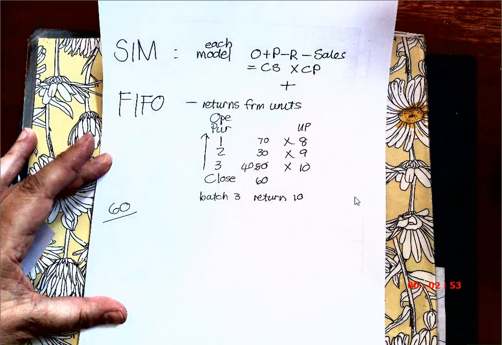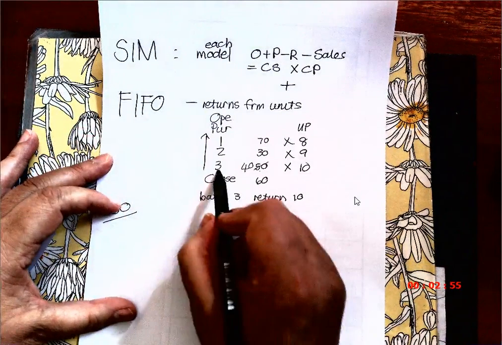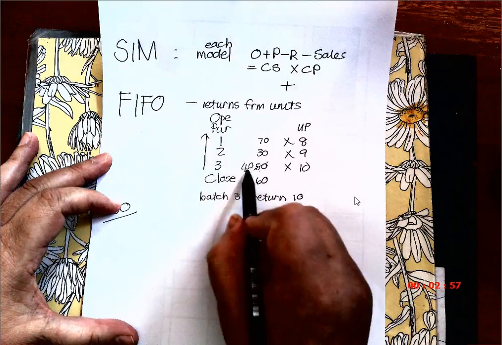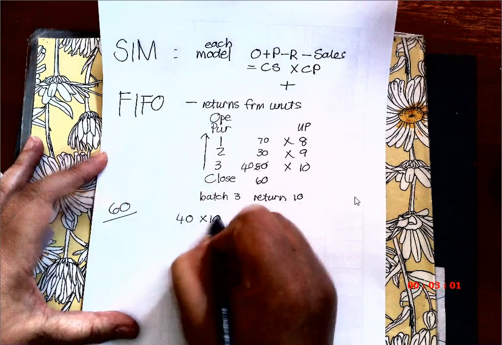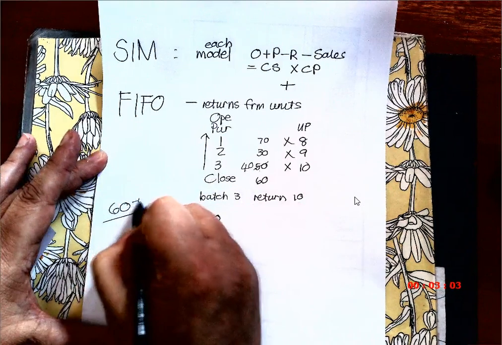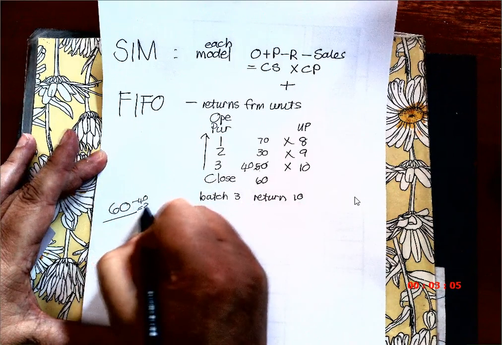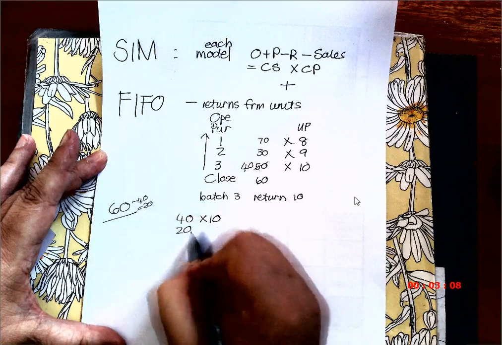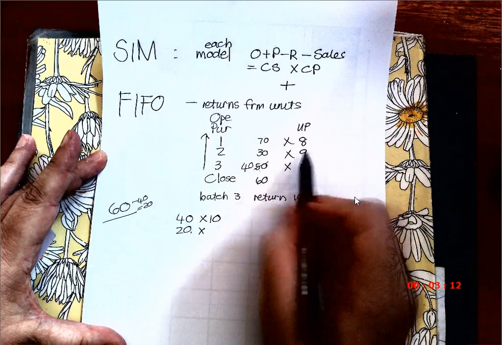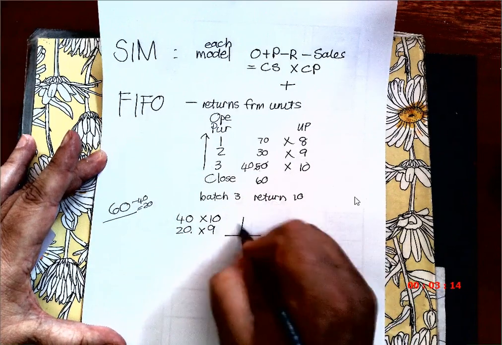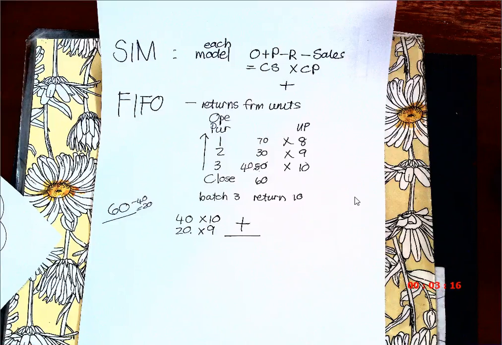For the 60 units, I start with the latest batch. I've got 40 in that batch at 10 rand. If I valued 40, it means I still need to value 20. So 20 will be valued at batch 2 price, which is 9. And then I just add it for my closing stock. You guys with me?